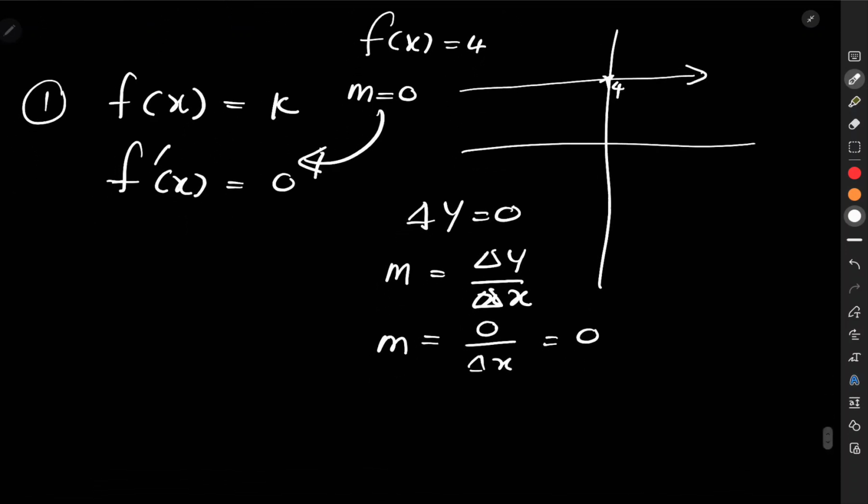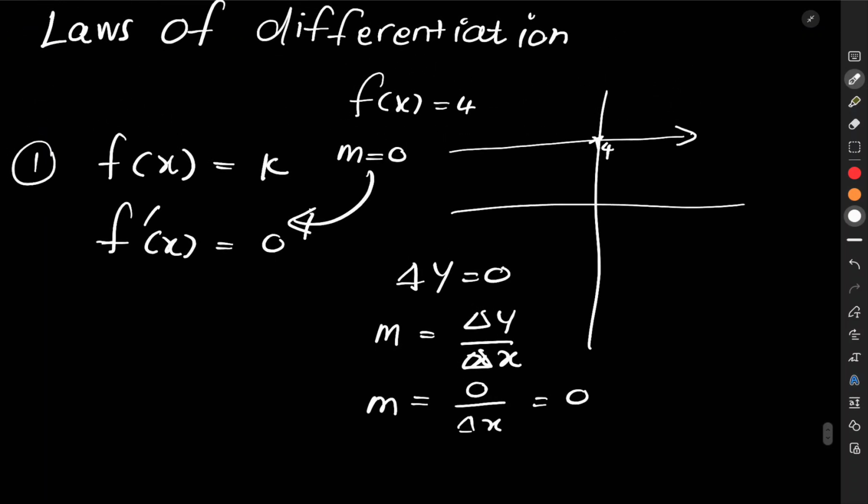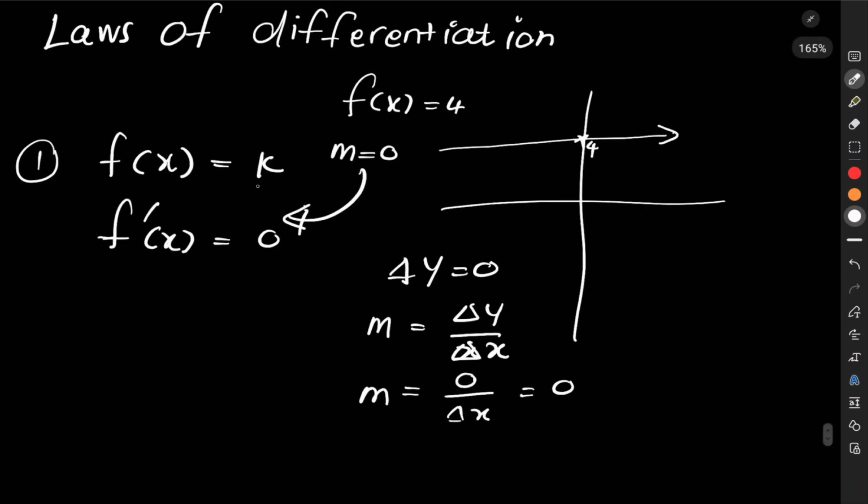That's where this first law comes from. Remember, the gradient of a horizontal line is always 0. Therefore, the derivative of a constant will always be 0, because that constant represents a horizontal line. So that is the first law of differentiation.